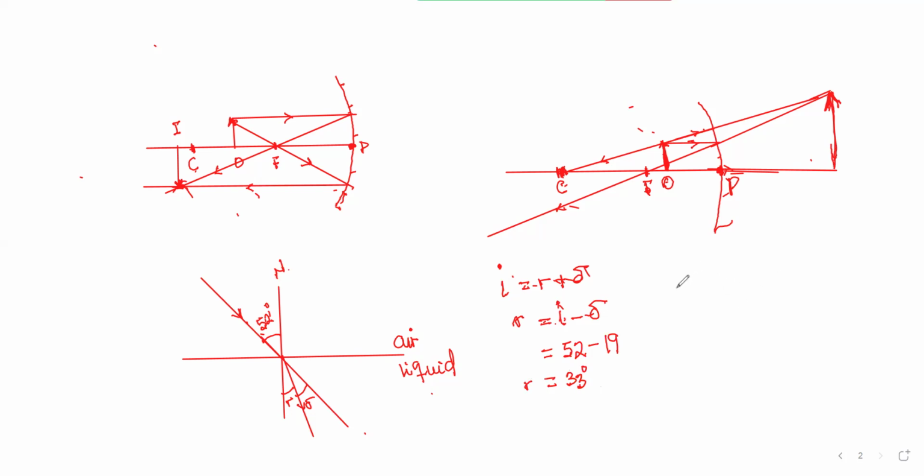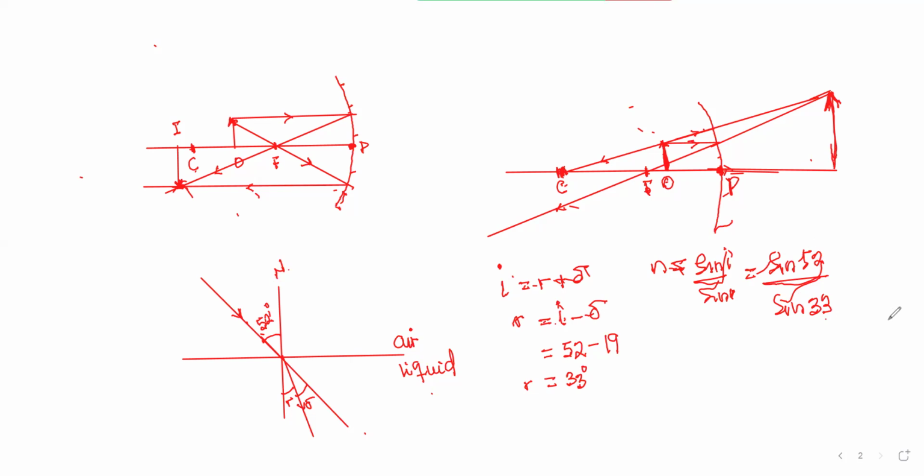Therefore, using Snell's law, the absolute refractive index of the liquid is sine I over sine R. So we have sine of 52 divided by sine of 33.